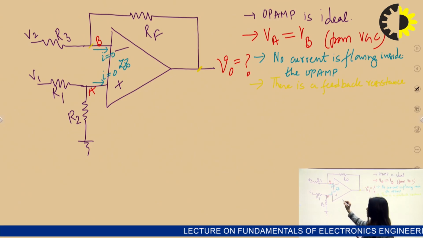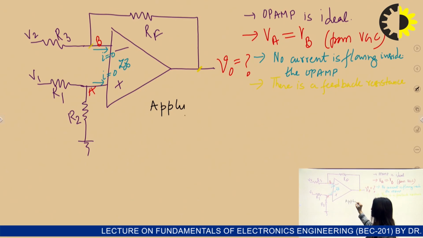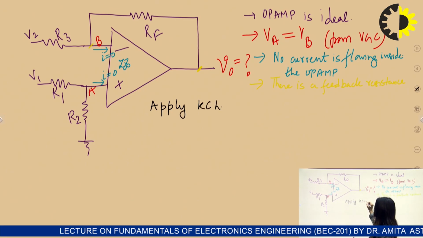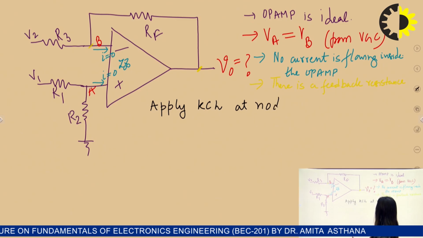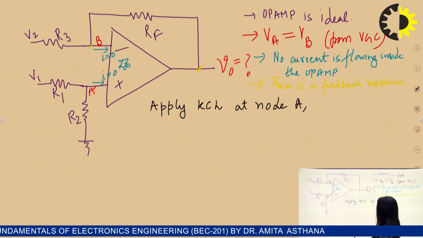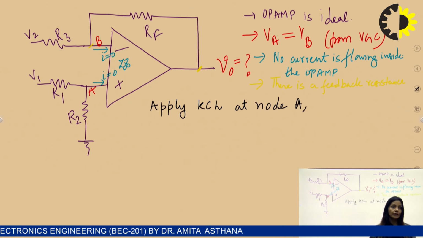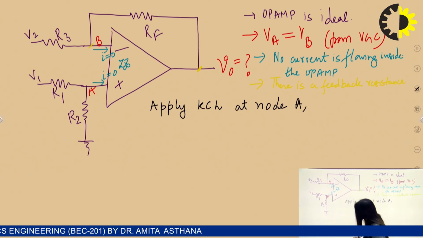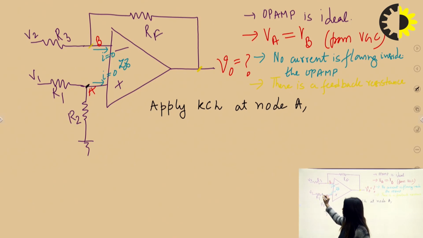So first I will apply KCL at node A. We will apply KCL, Kirchhoff current law, at node A. Now if I go to the node A, I can see there is one V1 voltage.